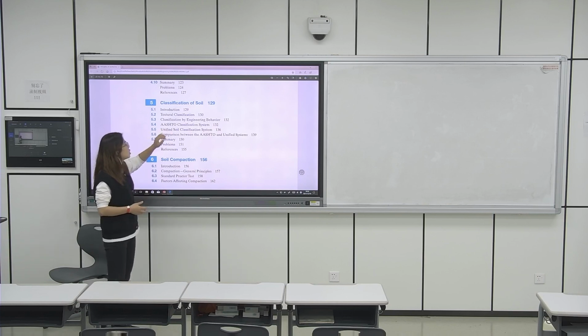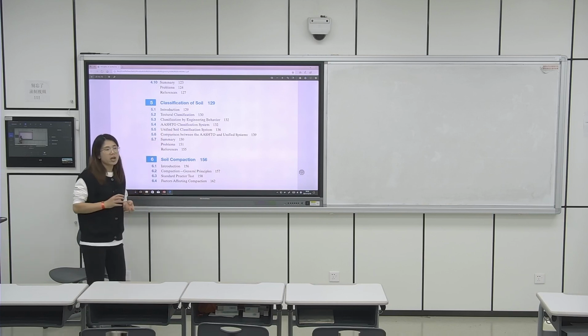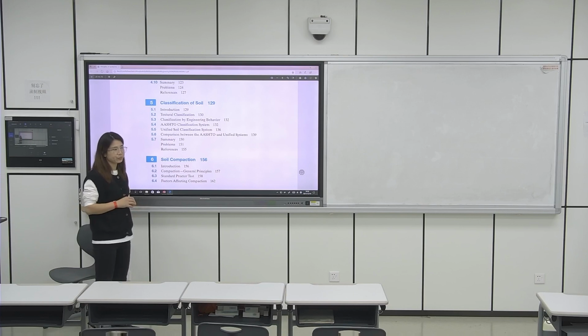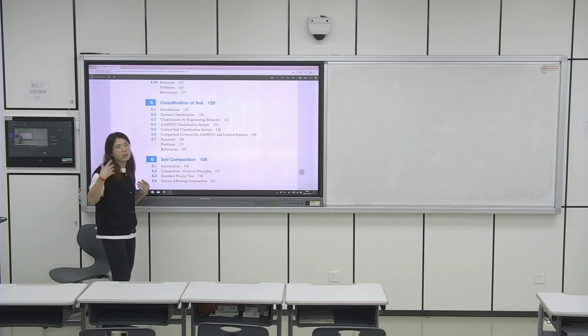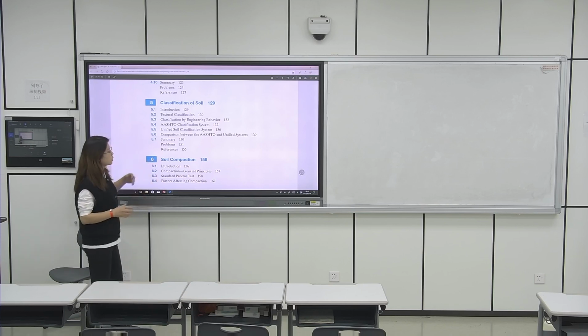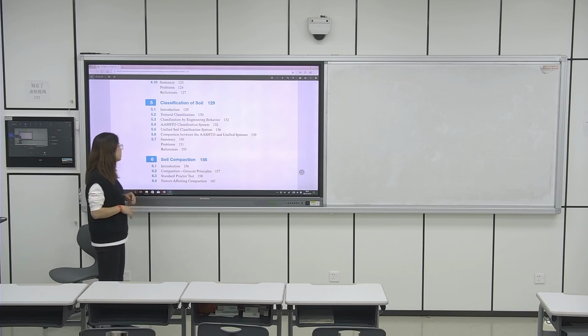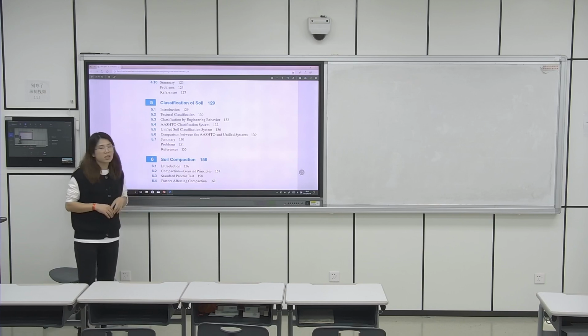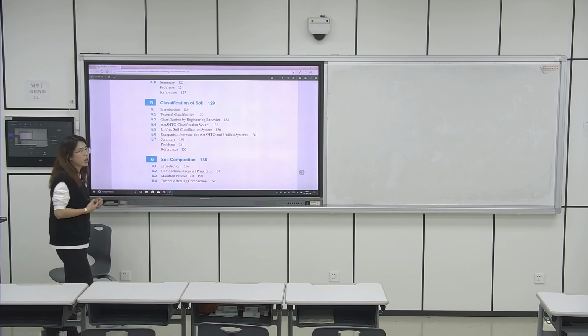In the AASHTO system, we classify into 7 different types. If you can't remember, just go back to the textbook, find the table and review again. This is the classification of soil in chapter 5.